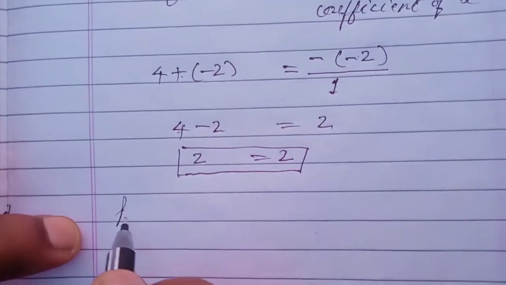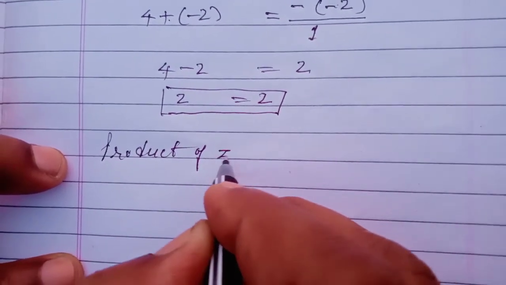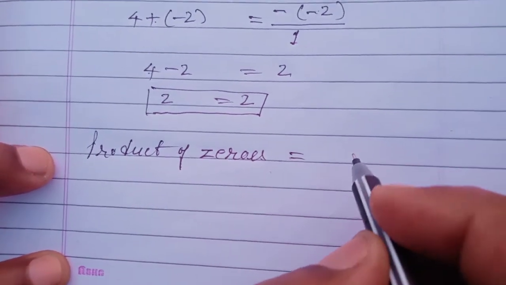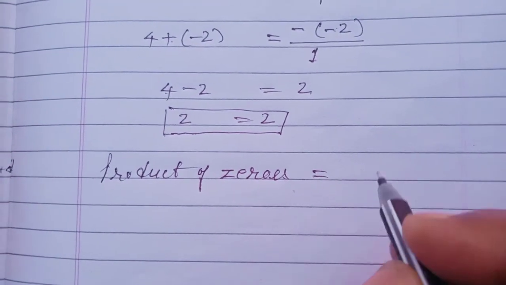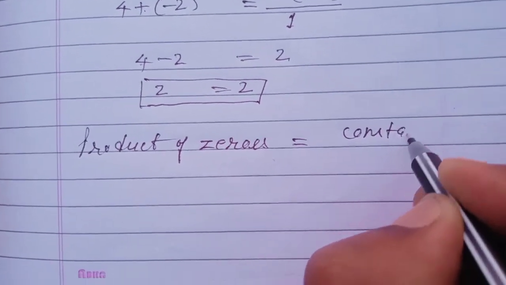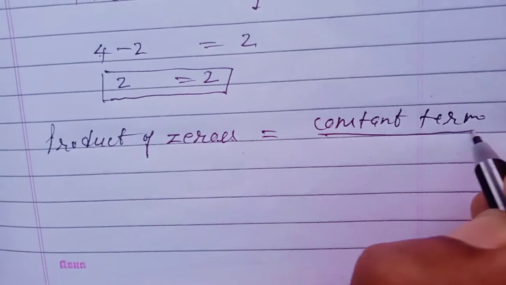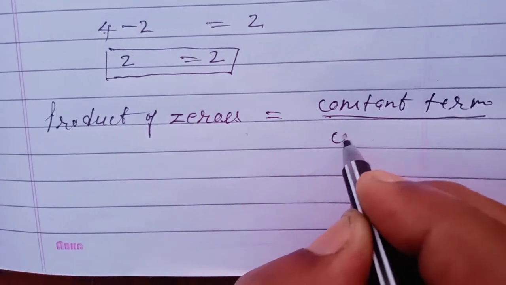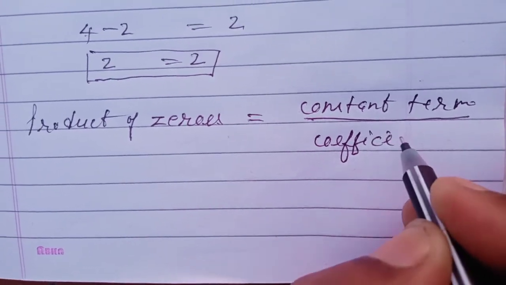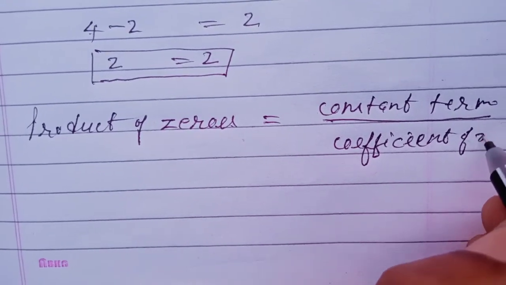Product of zeros is equal to constant term upon coefficient of x square.